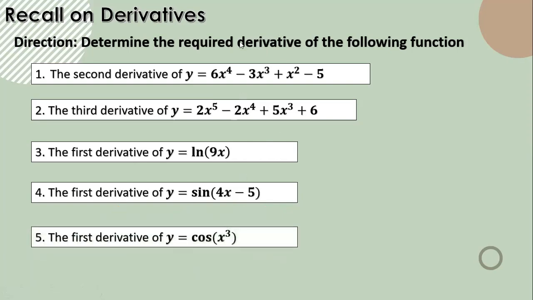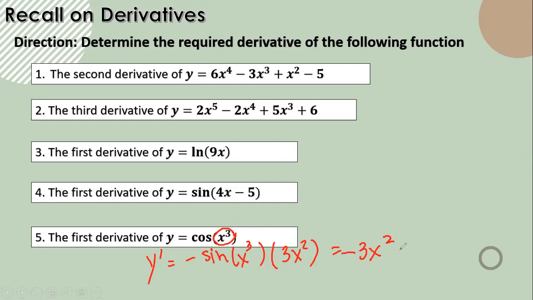For our last item, we have the first derivative of y is equal to cosine of x cubed. So y prime is equal to, again, if the derivative of sine is cosine, the derivative of cosine is sine also, but negative. So negative sine of x cubed multiplied by the derivative of x cubed, which is 3x squared.